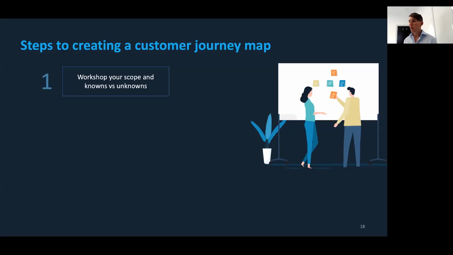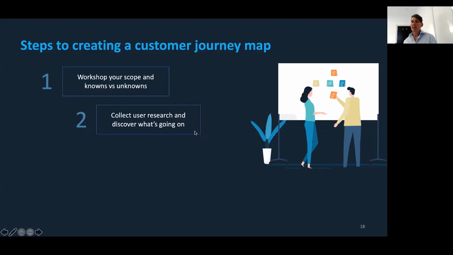The second workshop is going to bring the realistic picture, and that's where some big ahas can occur. So bring your assumptions there, your knowns, your unknowns, and you can start doing that today. You can create your first journey mapping workshop, bringing stakeholders together and creating an assumption journey map.